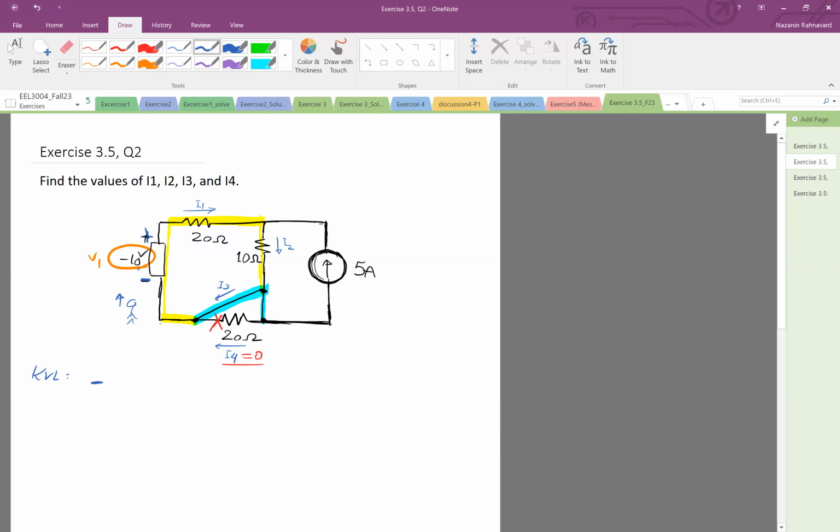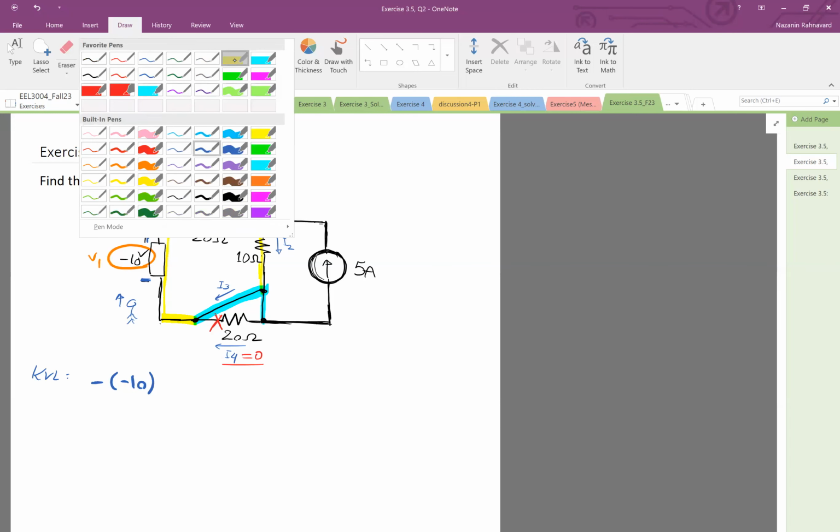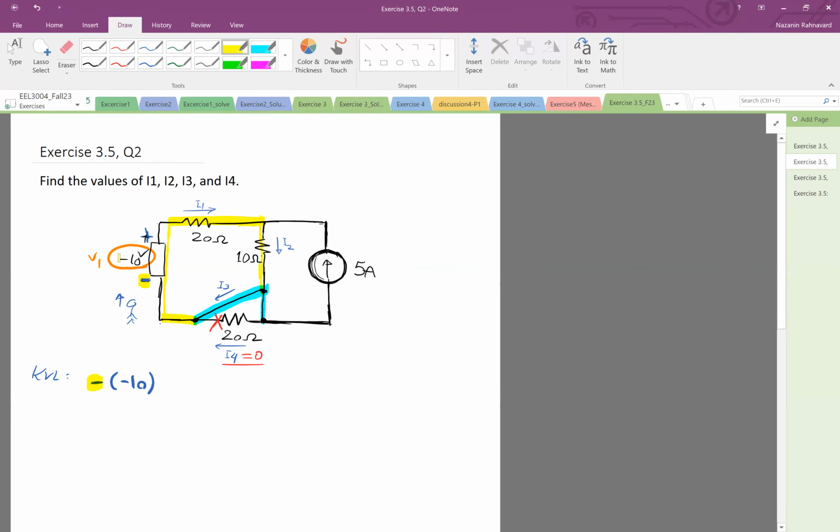So the whole thing, the value is negative 10. So negative 10, and then you come here, plus 20 I1 plus 10 I2. And then you come here, because it's a short circuit, equal to 0. You come back to this one.